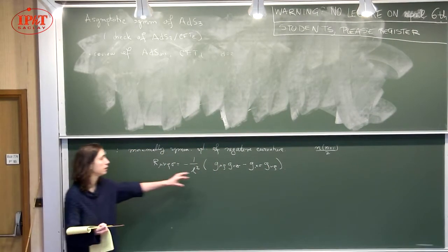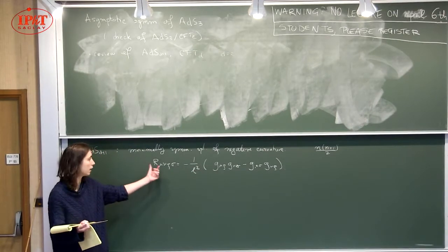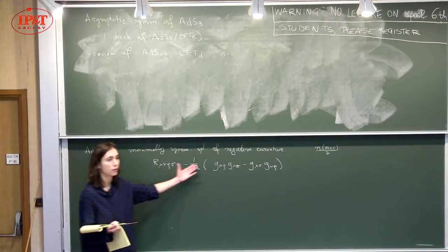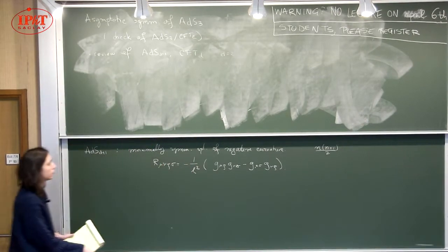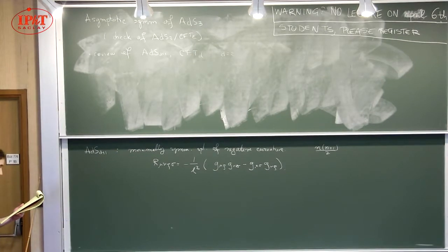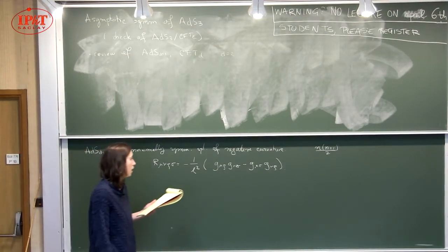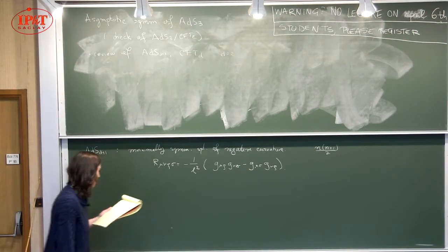This form is basically dictated by the symmetries and antisymmetries of the Riemann tensor. This is the only thing that you can write down.